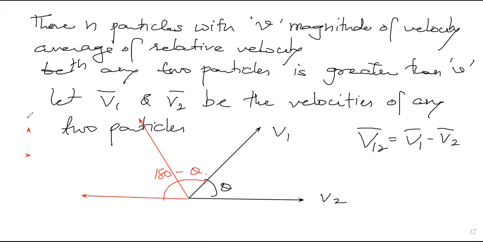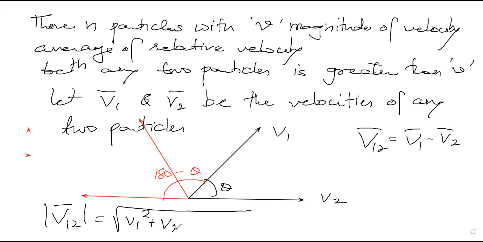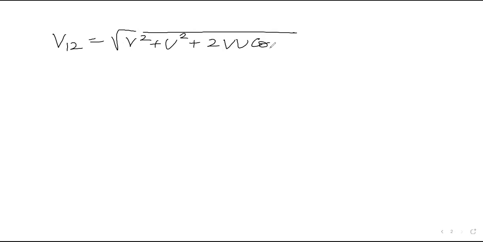By using the formula for the magnitude of the resultant of two vectors, I'll get the magnitude of v12 bar as the root of v1 squared plus v2 squared plus 2 v1 v2 cos of 180 minus theta. So I'll get v12 magnitude as v squared plus v squared plus 2 v squared cos of 180 minus theta.